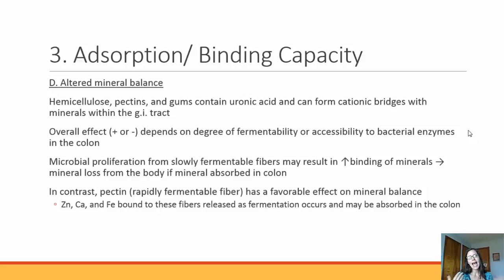However, a rapidly fermenting fiber can have a positive impact on mineral balance because then those minerals can be released and absorbed in the colon. Also, fermentation in the colon increases the acidity of the environment, and that can increase mineral solubility.